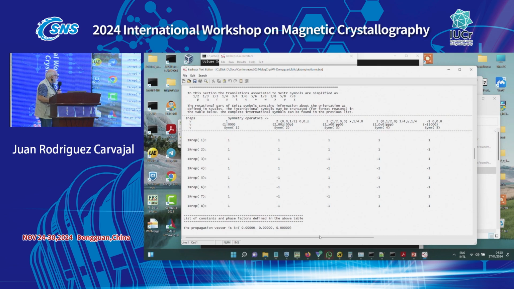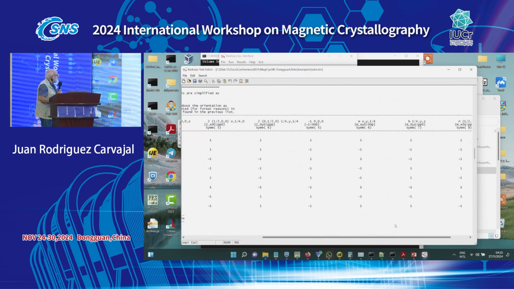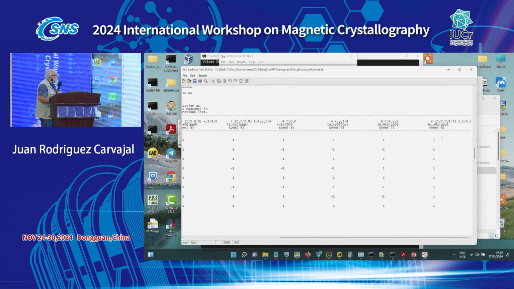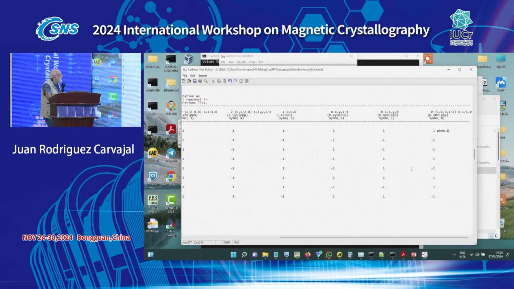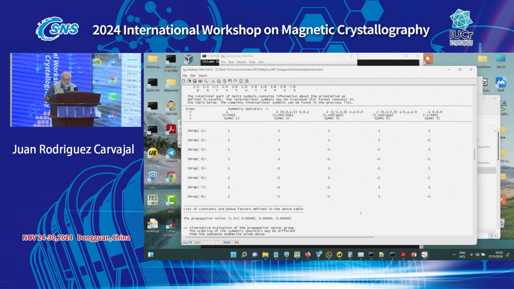Then, for instance, for the first representation, you have all the characters equal to 1. That means the magnetic space group is Pbnm.1. I put the dot, just so, with P capital, of course. Oh, sorry.